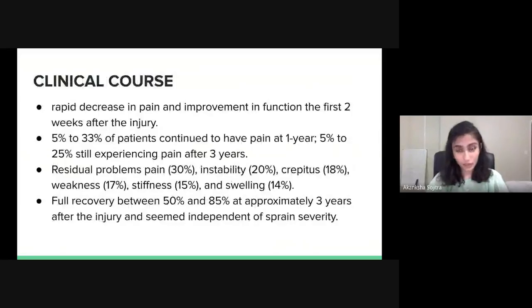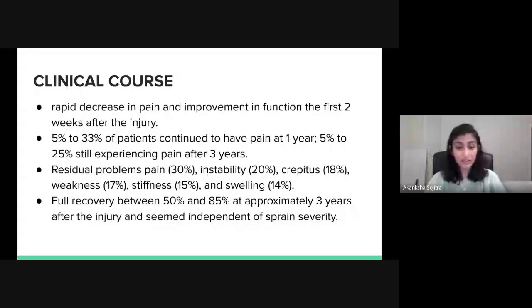Now, clinical course. What happens clinically over a period of time when you see ankle injuries? There's a rapid decrease in pain and improvement in function in the first 2 weeks after the injury. Almost 30% of patients continue to have pain at the 1 year mark, and 5 to 25% still experience pain after 3 years. Residual problems are pain, instability, crepitus, weakness, stiffness, and swelling.